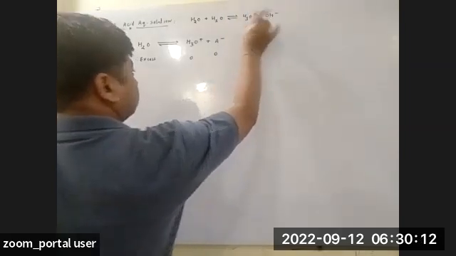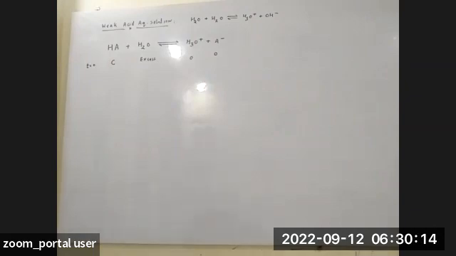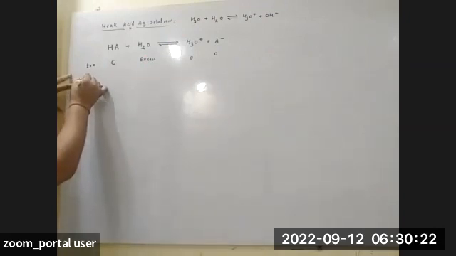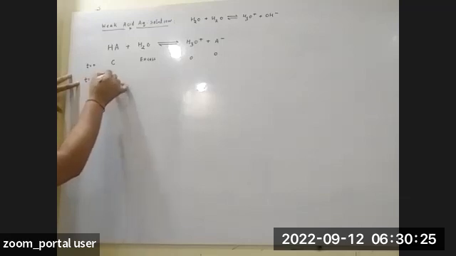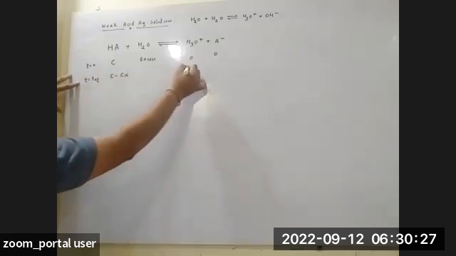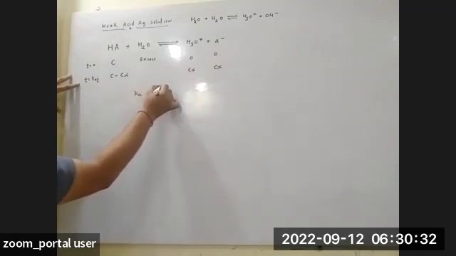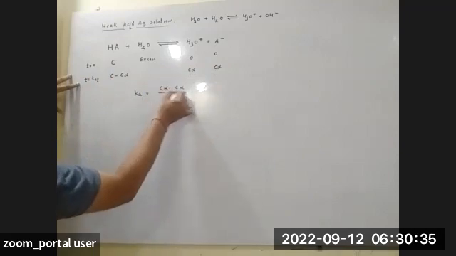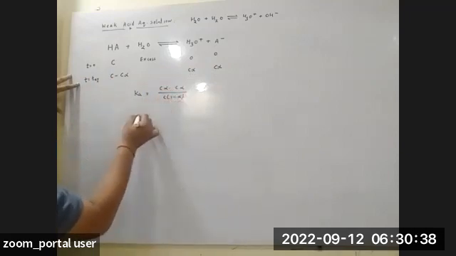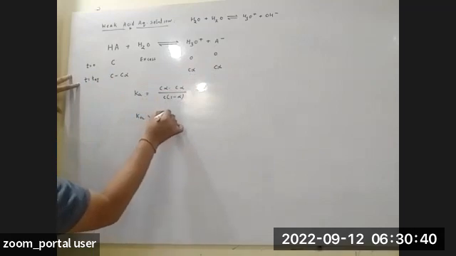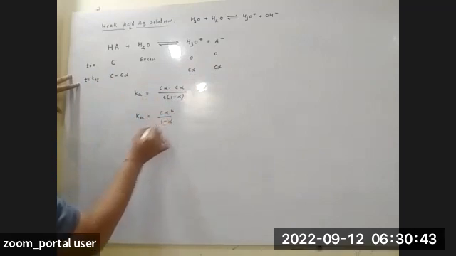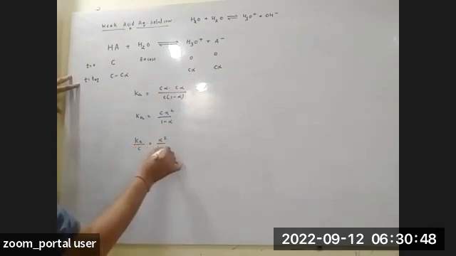If water is given, this is always correct. Now at time T, it is C minus C alpha, C alpha, C alpha. Now we can write K equal to C alpha into C alpha divided by C into 1 minus alpha. K will be equal to C alpha square by 1 minus alpha. Now K by C will be equal to alpha square divided by 1 minus alpha.